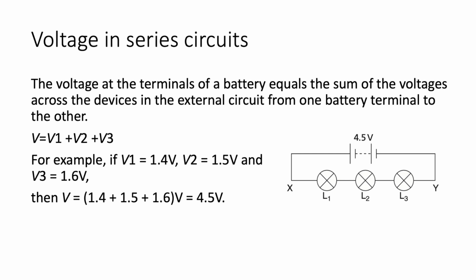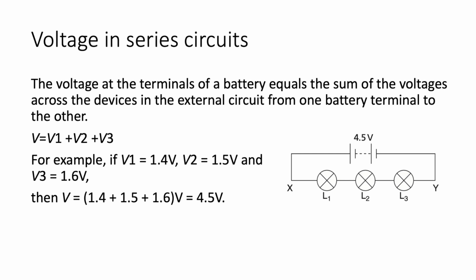Here V1 represents the potential drop across the bulb L1, V2 the potential drop across L2, and V3 the potential drop across L3. So if we measure the potential difference between the point X and Y, that is between the two terminals of the cell, then V will be equal to V1 plus V2 plus V3.